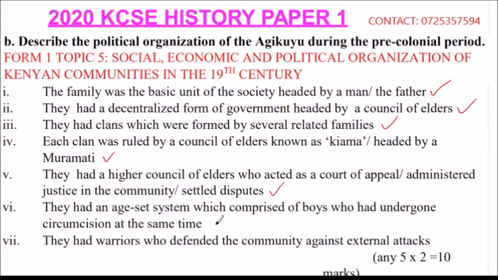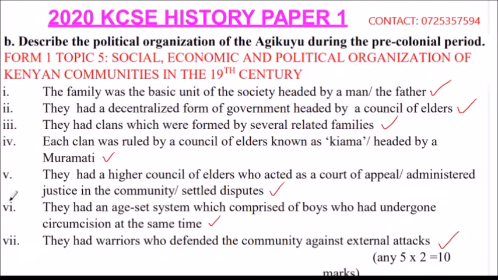Number 6, they had an age set system which comprised of boys who had undergone circumcision at the same time. Number 7, they had warriors who defended the community against attackers. So these are 7. This question is 10 marks, that is 2 marks for each point you name.